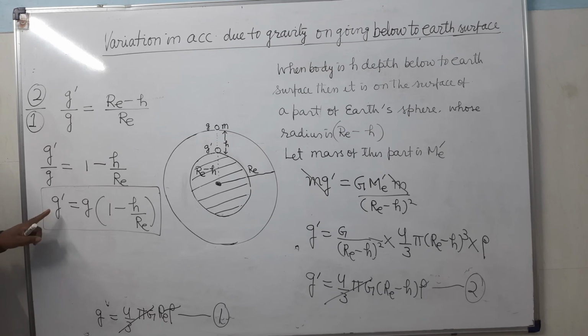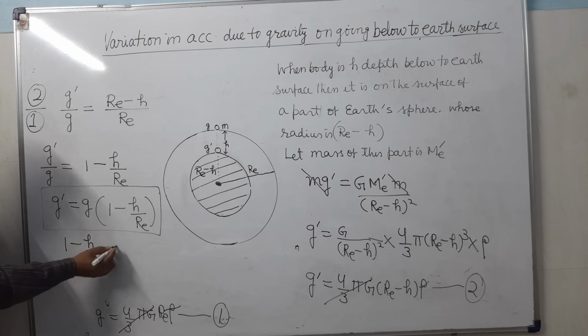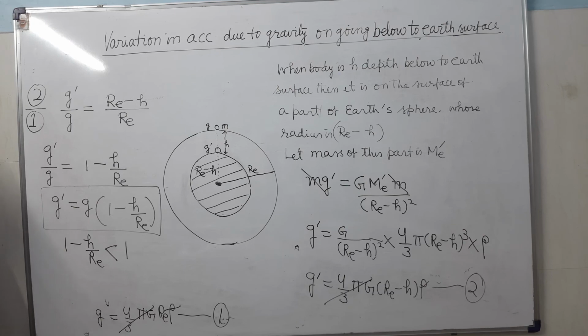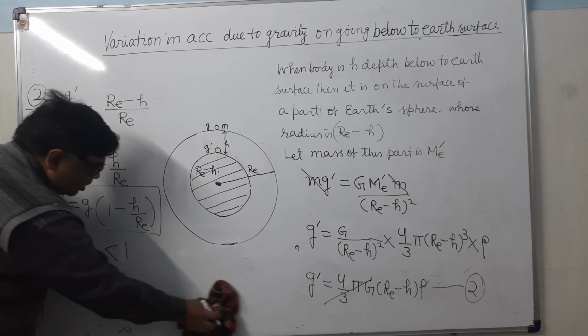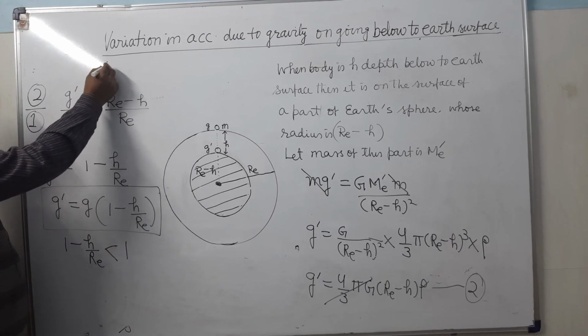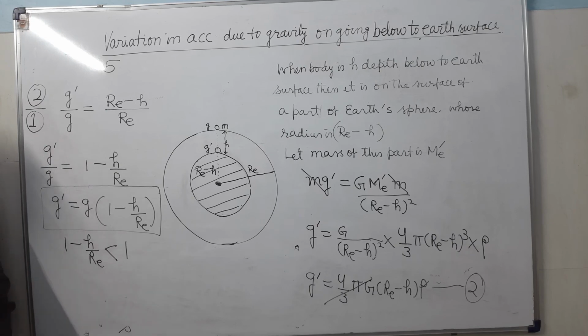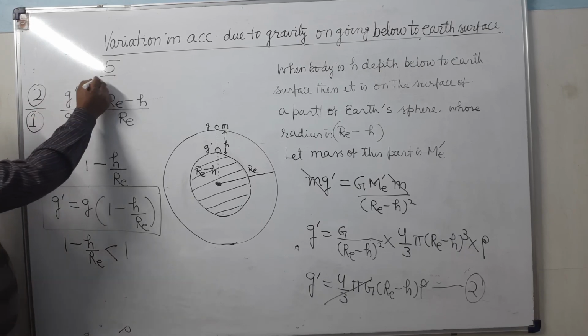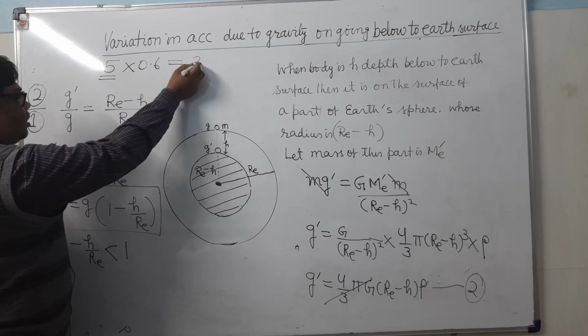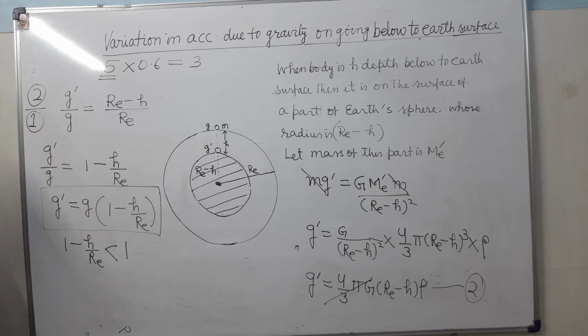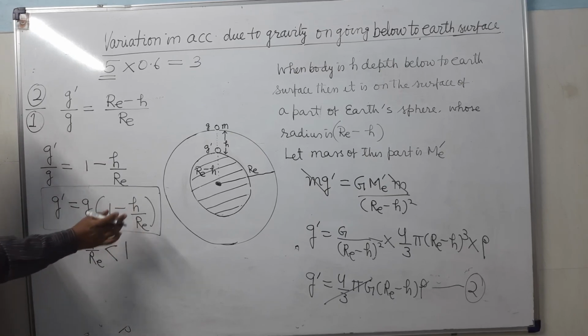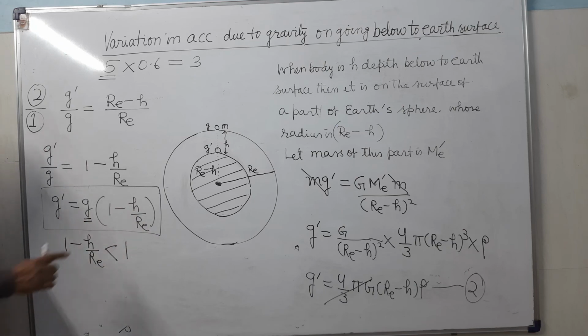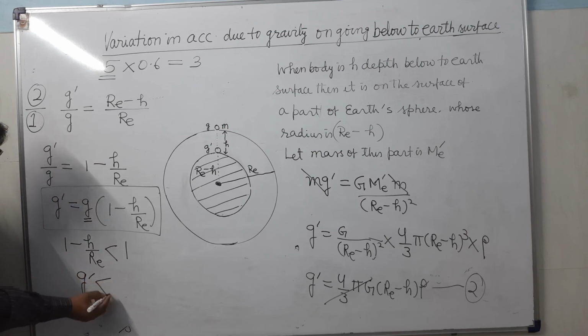Now here we will show that g dash is less than g and why it is less than g. 1 minus h upon RE will be a number less than 1. Now if any number, like 5, we multiply by a number less than 1, what will happen? Its value will decrease. Say 0.6, what will be the product? The product is 3, which is smaller than 5. So similarly when g is multiplied by a number which is less than 1, then what will happen? The product will have a value less than g. The product is g dash, meaning the value of g dash will be less than g.